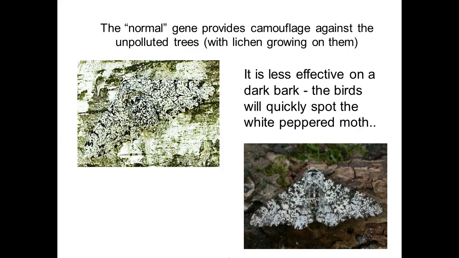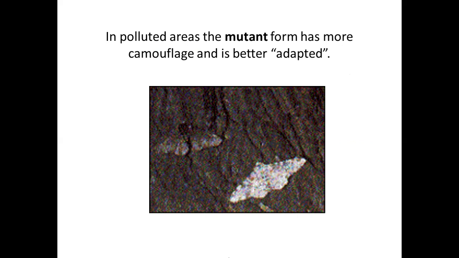It gives an advantage in an environment with unpolluted trees, but it is less effective on dark bark, where the light moth could be easily seen by birds and eaten. So it won't survive.